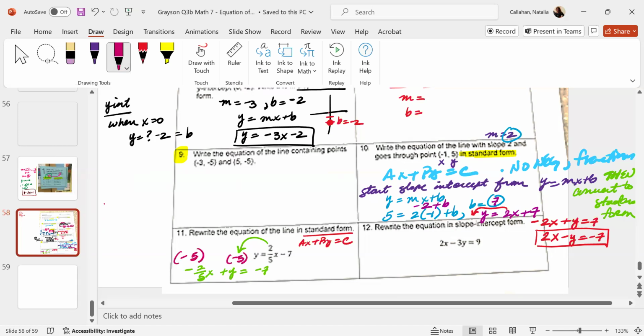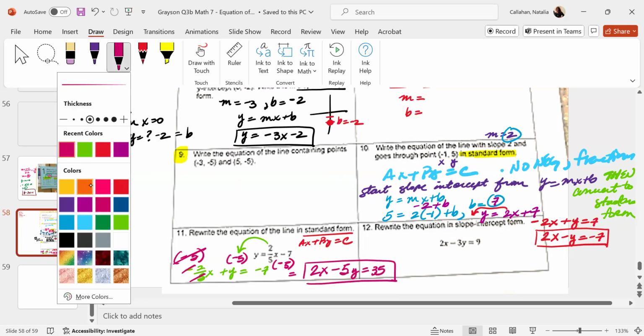Multiply on everything, right? And then rewrite it. So the -5 and the negative -5 cancel. So you have 2x. What's your answer? Good job. That's it.